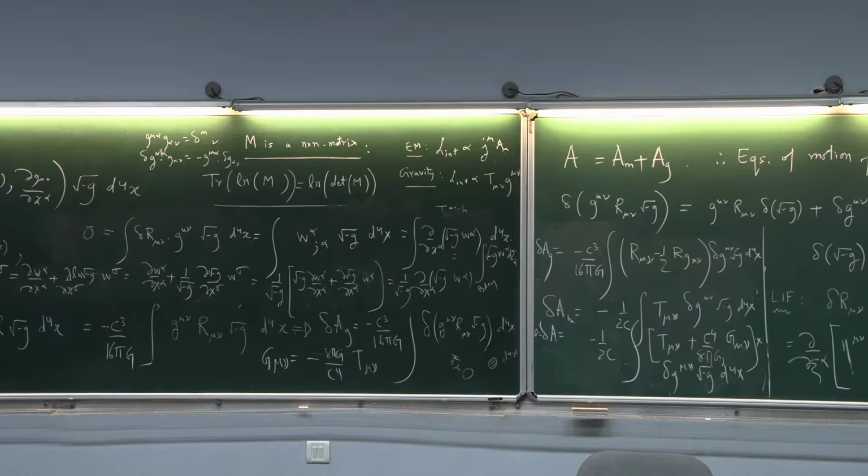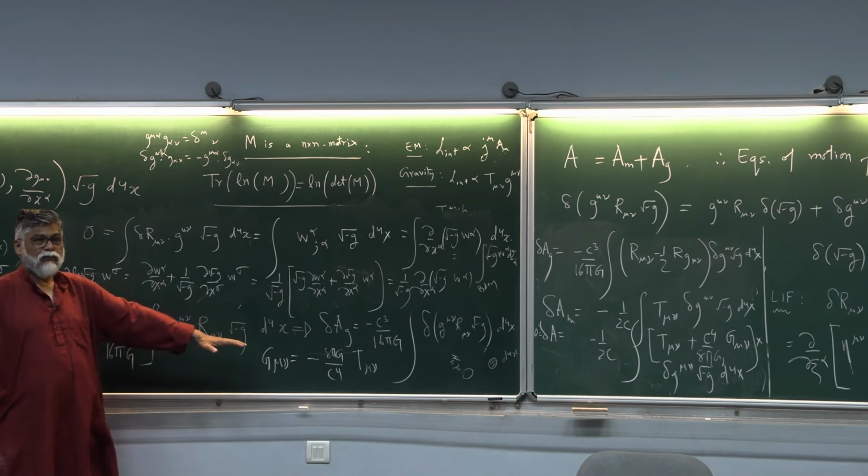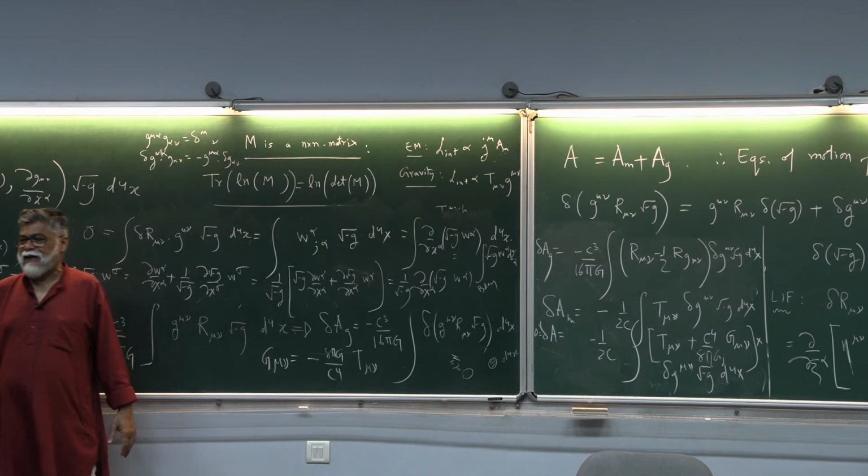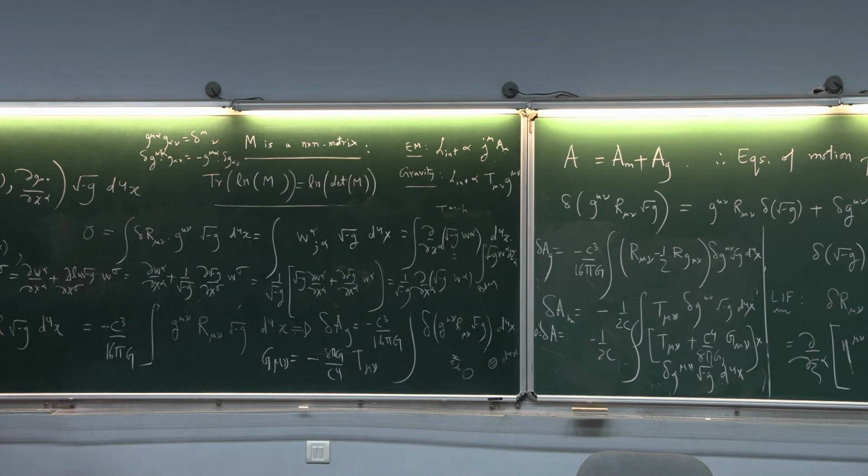Of course, people say beauty lies in the eyes of the beholder, but there are certain objective statements regarding the beauty. The beauty here is that on one side you have matter, on the other side you have geometry. And the fact is that there is absolutely no new parameter which has been introduced.